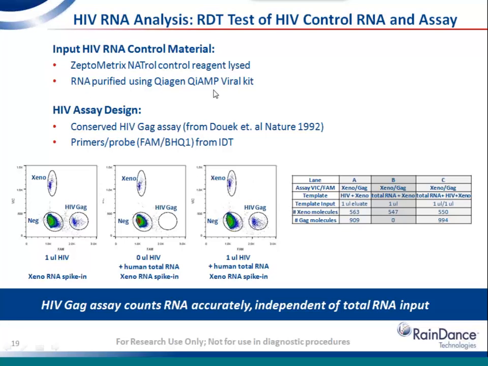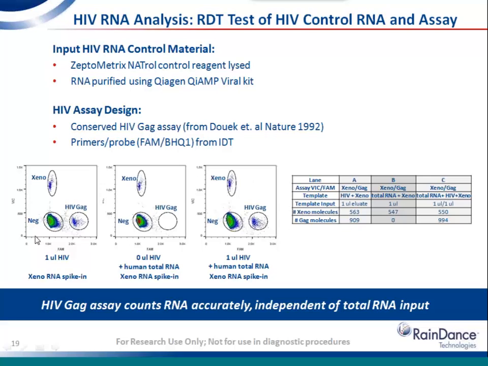This was lysed, and the RNA was purified using a QIAamp viral purification kit. The assay was chosen from the literature to count, again, the HIV GAG RNA. And this came from a paper from Nature, 1992, from Danny Dewitt. The primers and probes were synthesized from IVT, and the GAG assay is a FAM-based assay here.